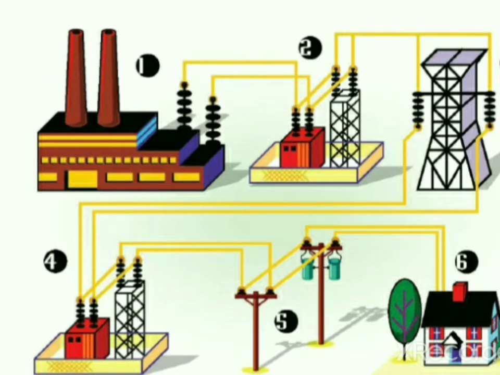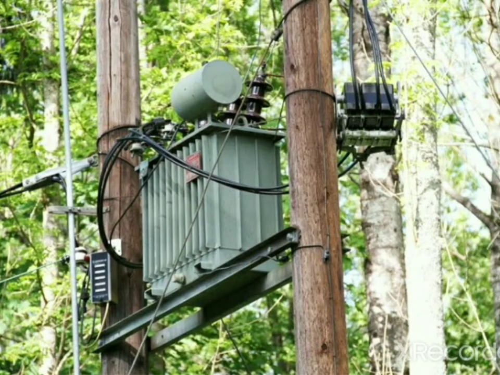There it is stepped down from 11 kilovolt to 220 volt. So from the city substation, this electricity is transmitted to the transformers. I think you are all familiar with transformers. So from the city substation, the 220 volt supply is transmitted to the transformer.